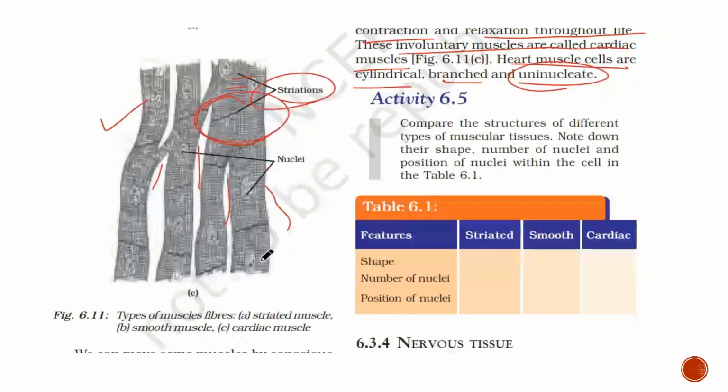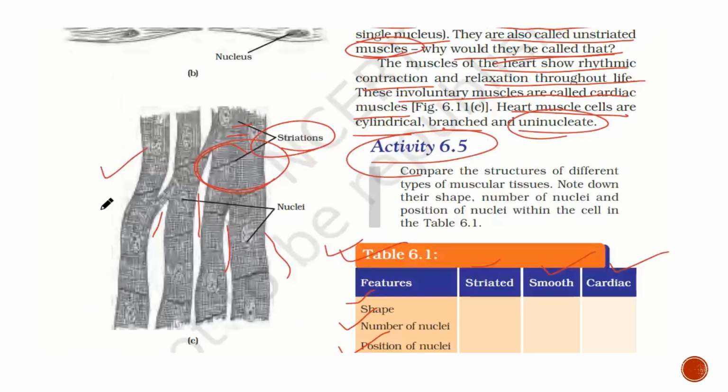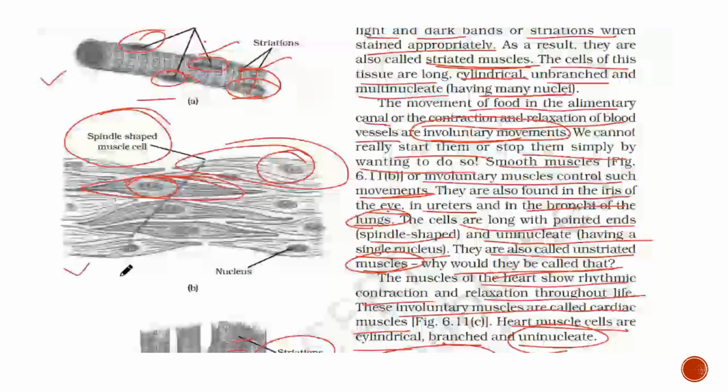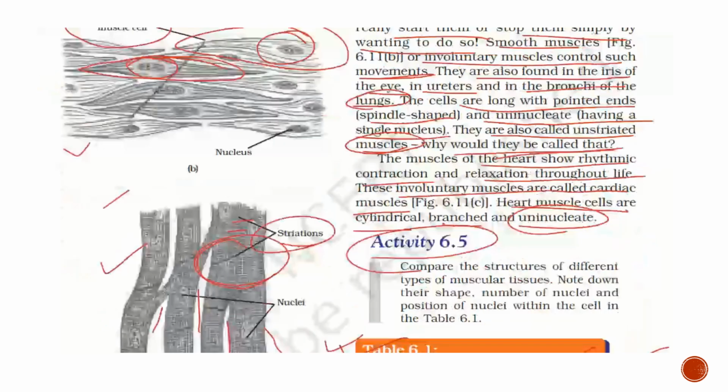Now, in this Activity 6.5, you are supposed to write in Table 6.1 the features: the shape, the number of nuclei, and the position of nuclei in the striated muscle, the smooth muscle, and the cardiac muscle, as you have seen in these three diagrams. So this will be your homework, your activity.